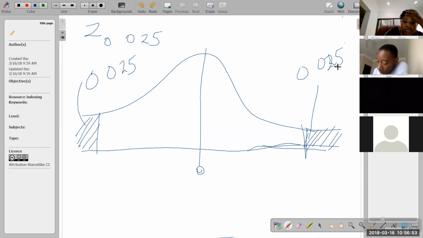So this unshaded area from this middle will be 0.5.